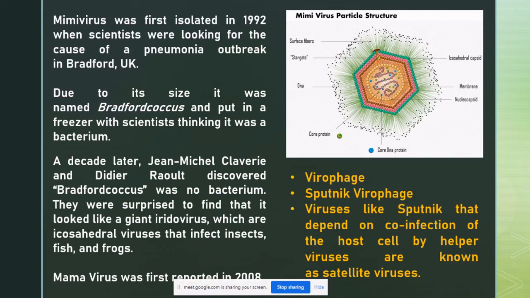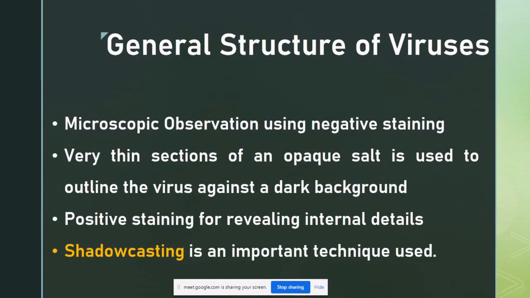So this Sputnik virus is called a satellite virus because it requires co-infection, especially of Mama or Mimi viruses. If you search more on the internet, you will get a lot of information about how the cell factories of Mama virus are utilized by this Sputnik virophage for reproducing its own type of viruses. I think this slide was very new to you, and I hope you have understood the concepts.